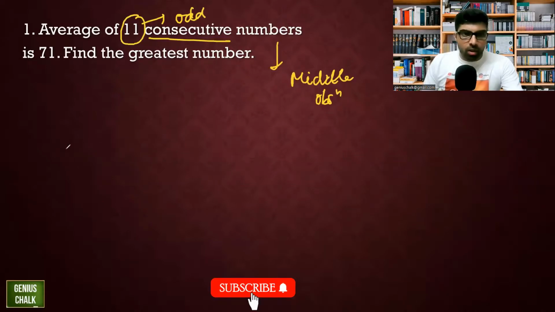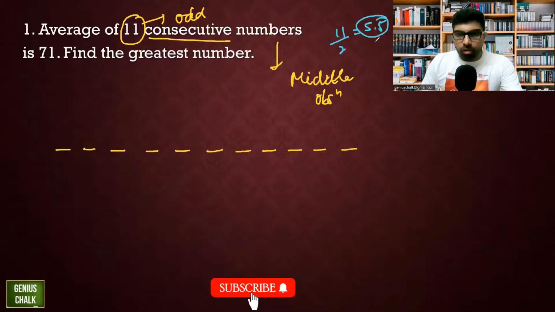Now let's find it: 1, 2, 3, 4, 5, 6, 7, 8, 9, 10, 11. These are the 11 observations. Now for the average, divide 11 by 2 and it is coming out to be 5.5. And we know that we can't take the observation 5.5. So just take 5 observations, leave them this side, and 5 observations, leave them this side.